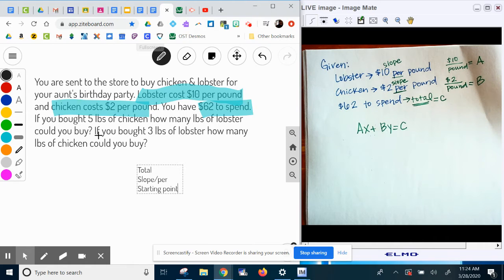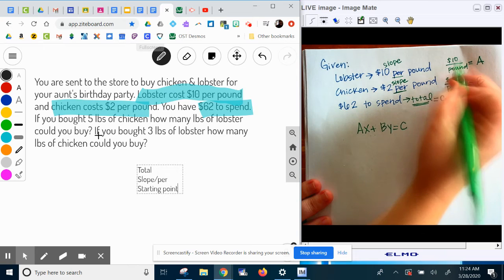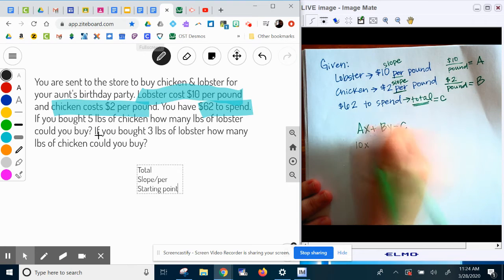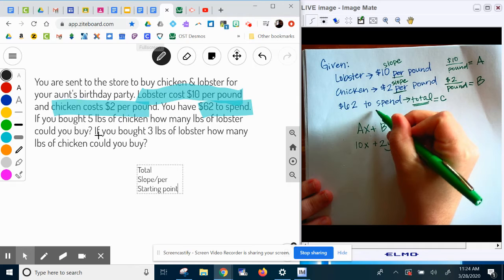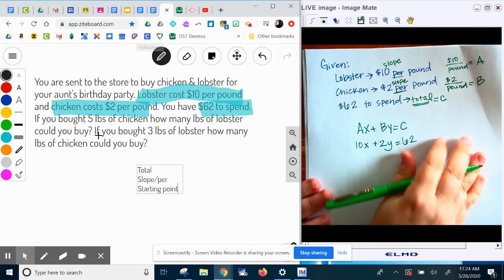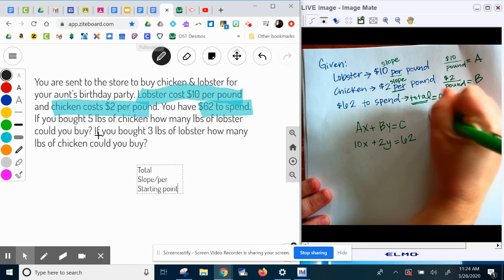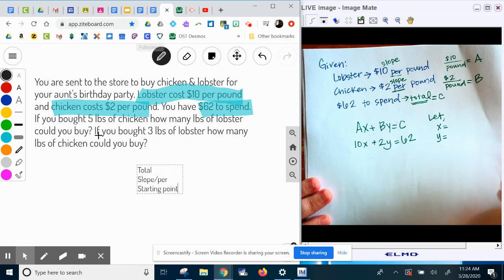Okay, so let's fill in this equation. I've got 10 for A, so 10x. My B this time is 2, so 2y, and it has to equal my total, which is 62. There's my equation, and I need to do my let statements right up front. My lets are what x equals and what y equals.